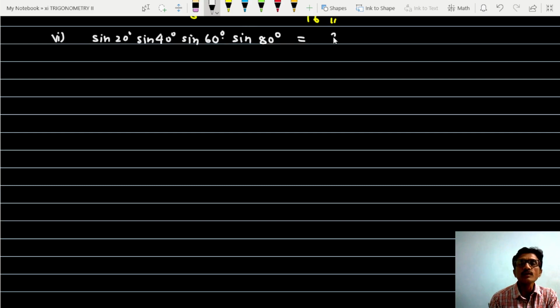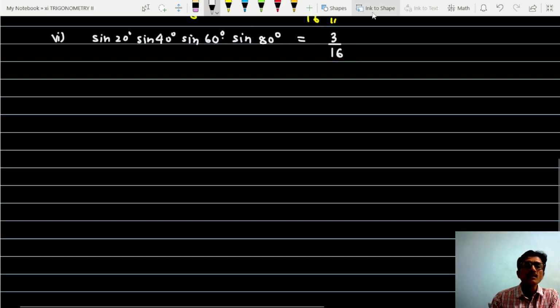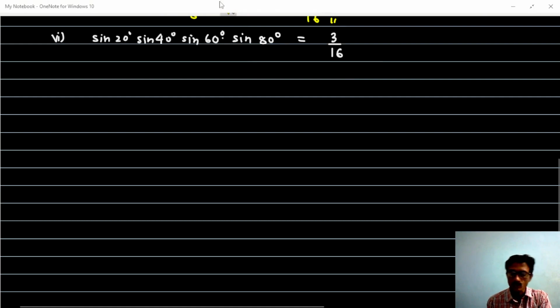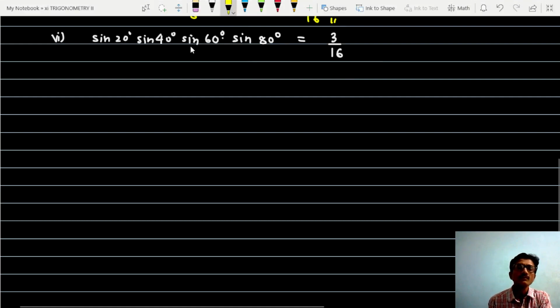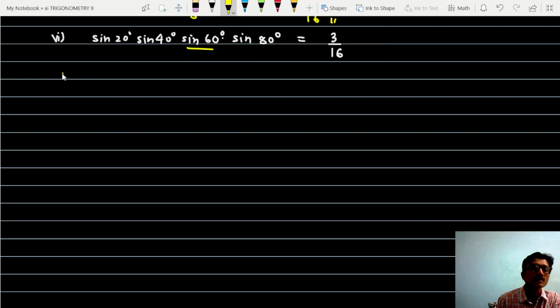We want to show it is equal to 3/16. You know sin of 60 degree. Sin of 60 degree is what? It is √3/2. See here, sin 60 degree is √3/2. Let's write it √3/2. Multiply by 2 or divide by 2.